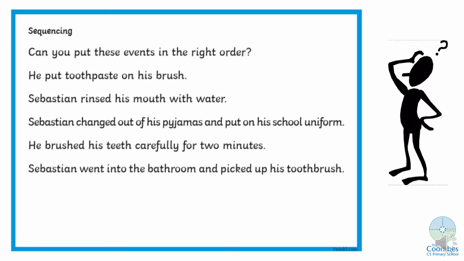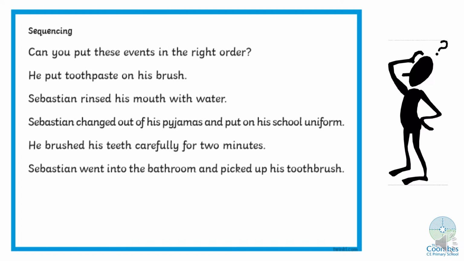I have a little task for you here so that we can practice some sequencing, putting some events into chronological order. There's a list here of 5 events. I wonder if you can put them in the right order. He put toothpaste on his brush. Sebastian rinsed his mouth with water. Sebastian changed out of his pyjamas and put on his school uniform.